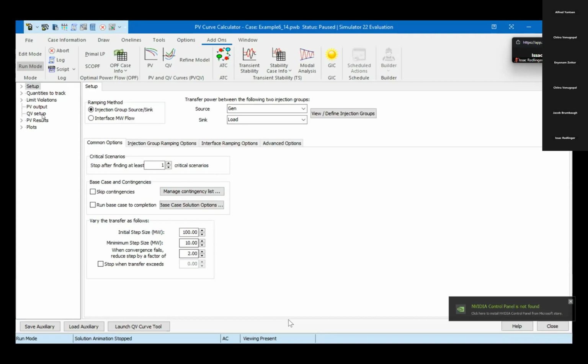Now, a bus can be connected with a generator, a transmission line, transformer, or the load. So there must be some incoming voltage or power to the bus, and there must be some outgoing voltage or power from the bus. So the bus is a thing which receives something and sends out something.